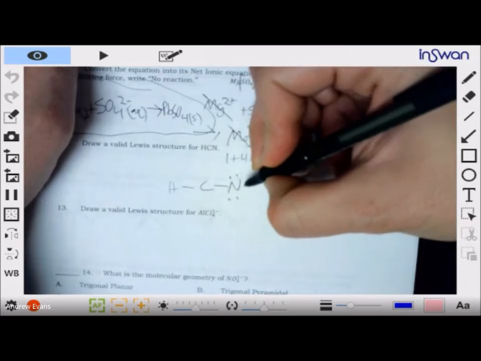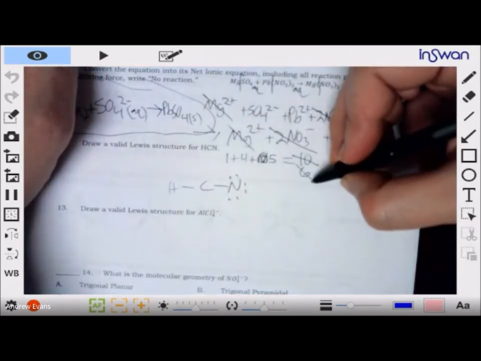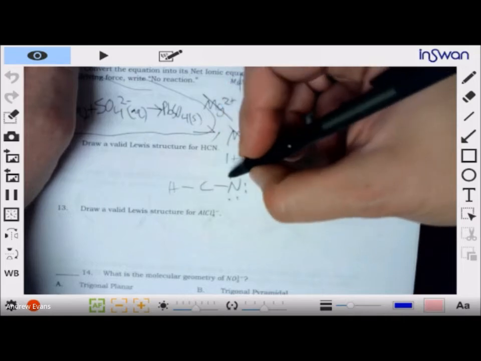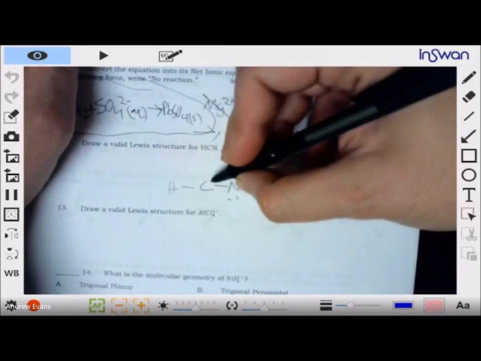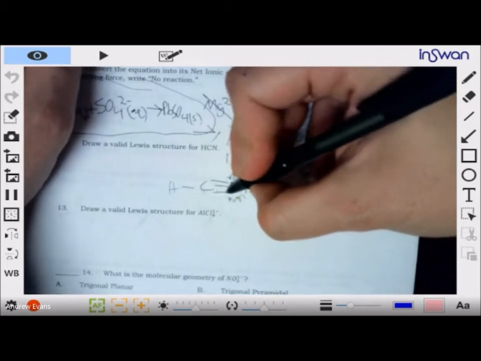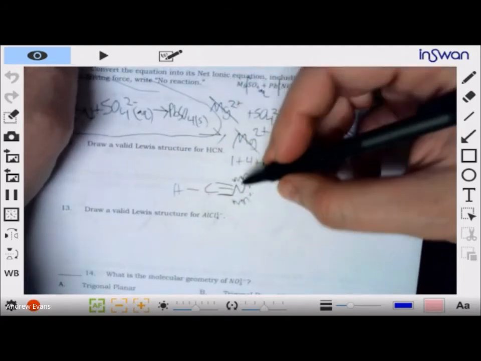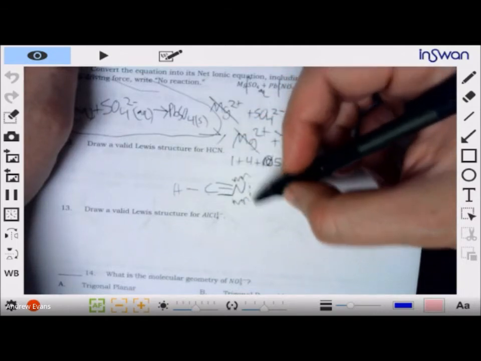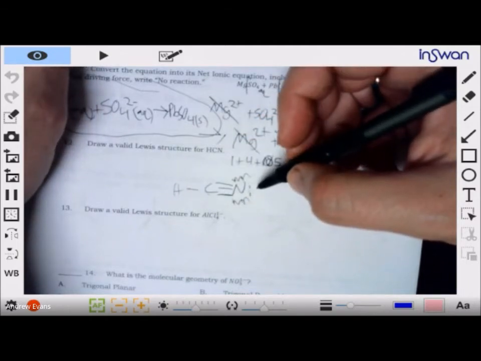Place them there. We're out of electrons. But now we must give carbon an octet. So double bond. Now it's one closer. Double bond or triple bond. So we have H, C triple bond N with one lone pair. That's the valid Lewis structure for HCN.